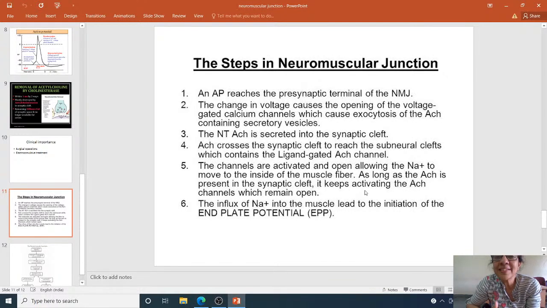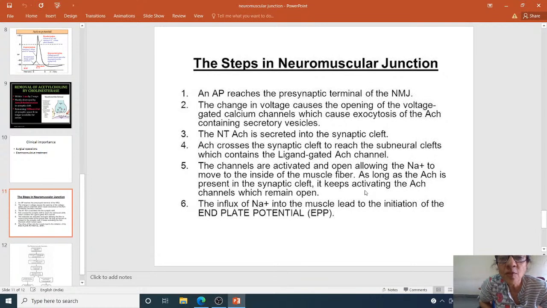ACH crosses the synaptic cleft to the ligand-gated ACH channels, and these acetylcholine-gated channels are opened up, allowing sodium to move into the muscle fiber. As long as the ACH is present in the synaptic cleft, it keeps activating the ACH channel, which remains open. We do not want it. That is why ACH should be destroyed after its work is done.